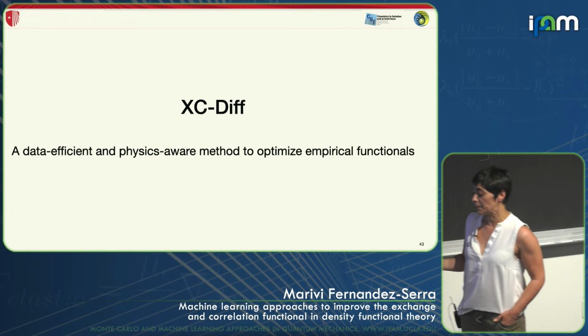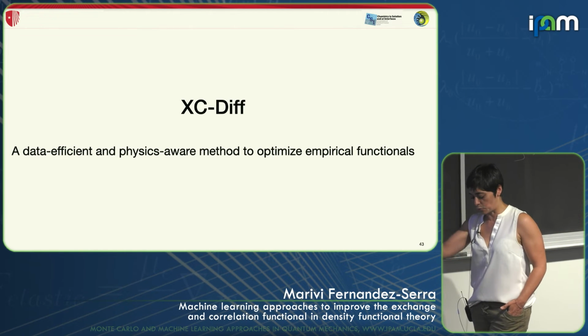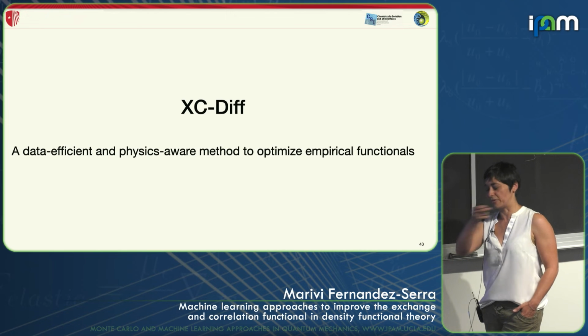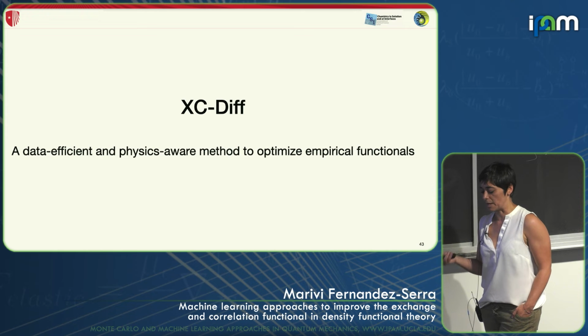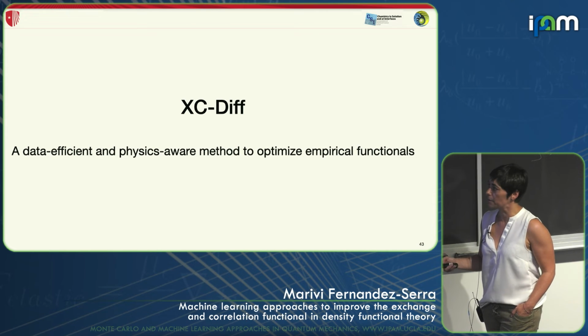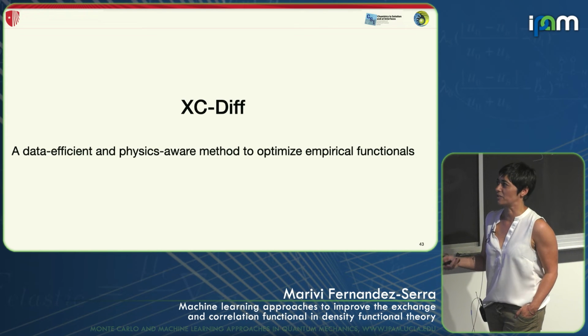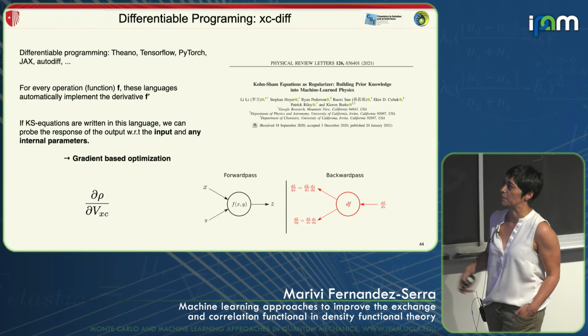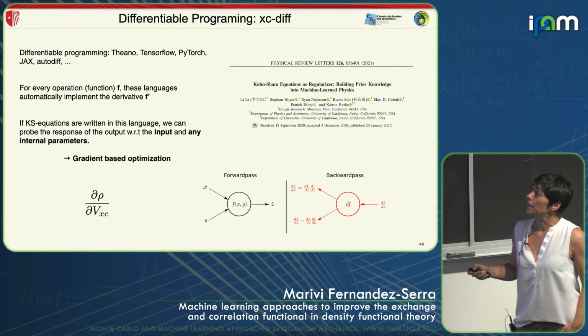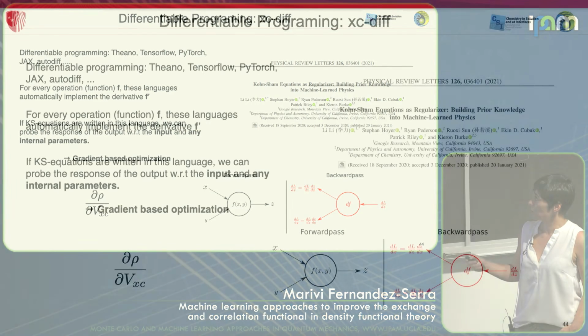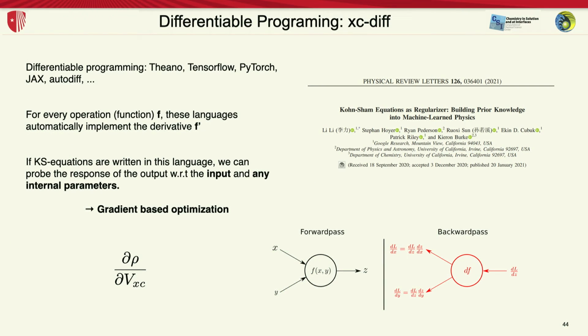But there are other ways to do that, and that brings us back to where I started, which is how we can optimize a functional on the actual grid, using functions that we somehow physically understand much better.